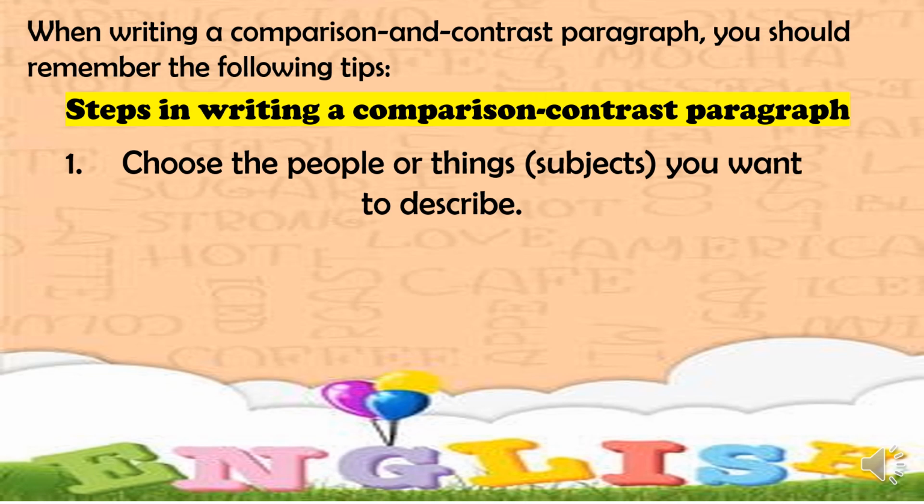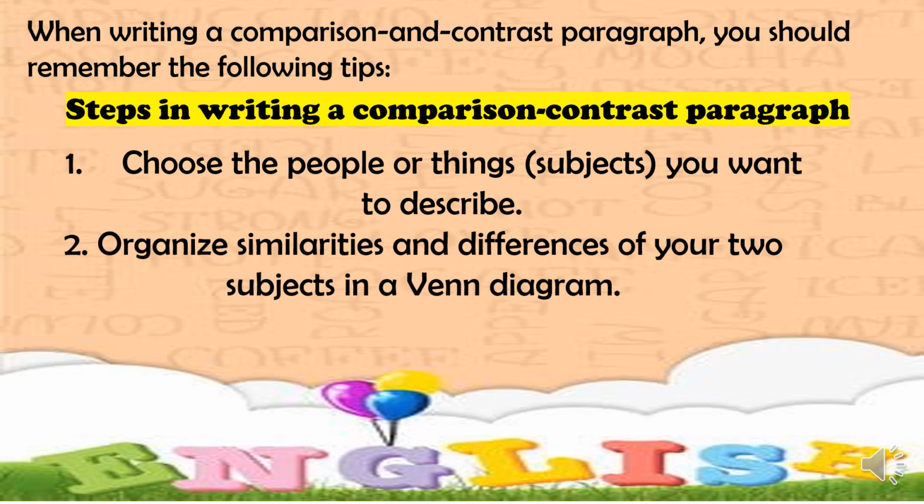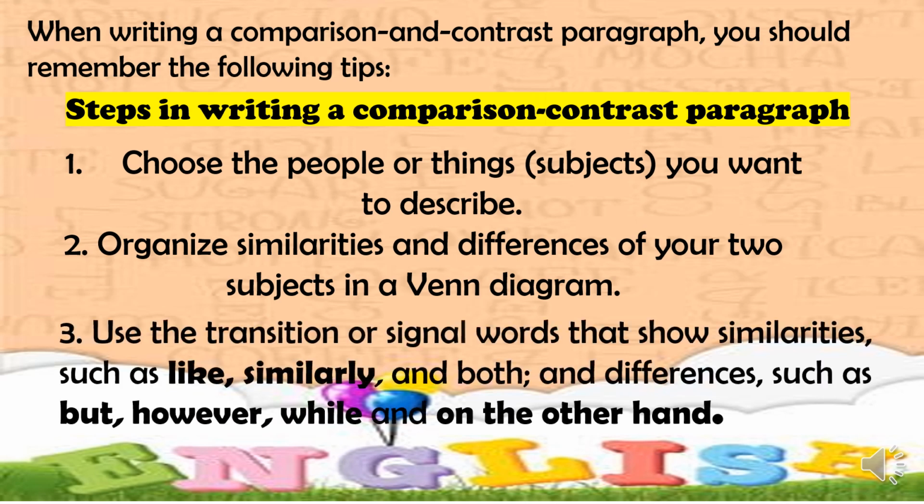Number one, choose the people or things as your subject you want to describe. Second, organize similarities and differences of your two subjects in a Venn diagram. Third, use the transition or signal words that show similarities, such as like, similarly, and both, and differences, such as but, however, while, and on the other hand.